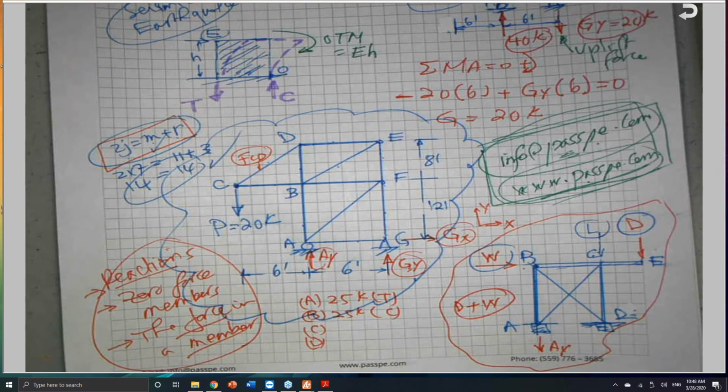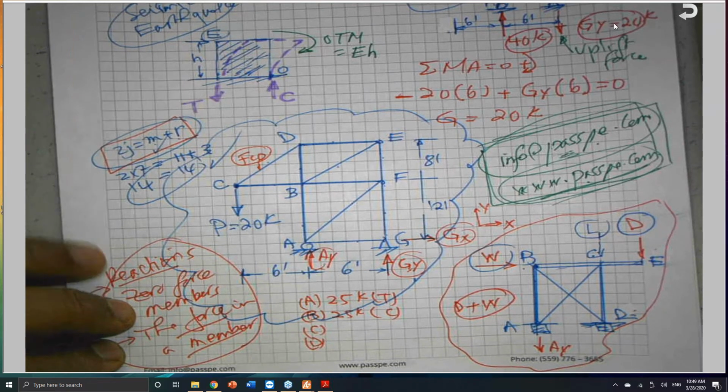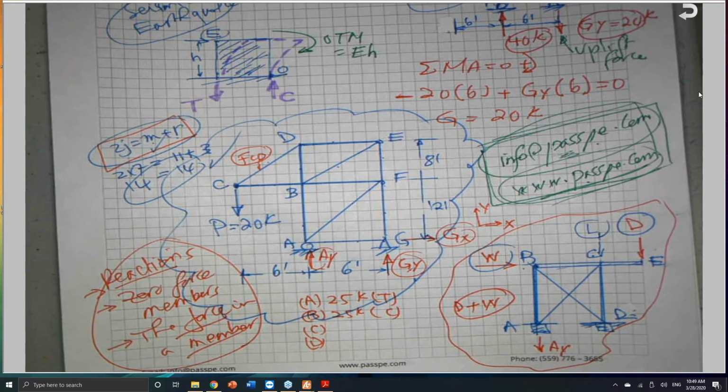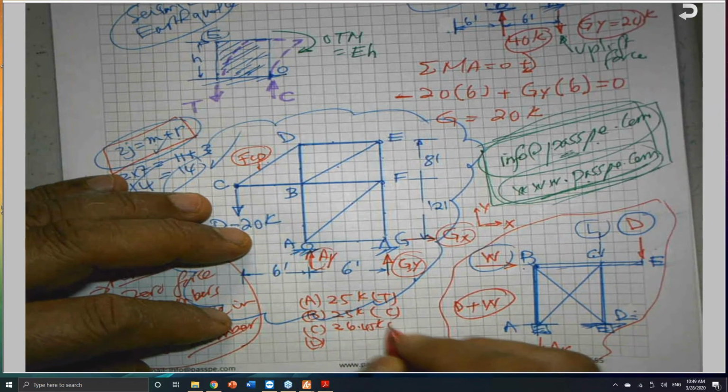Okay, any other answers? Let me see if anybody supports this answer or got something different. 26.45 kip tension.